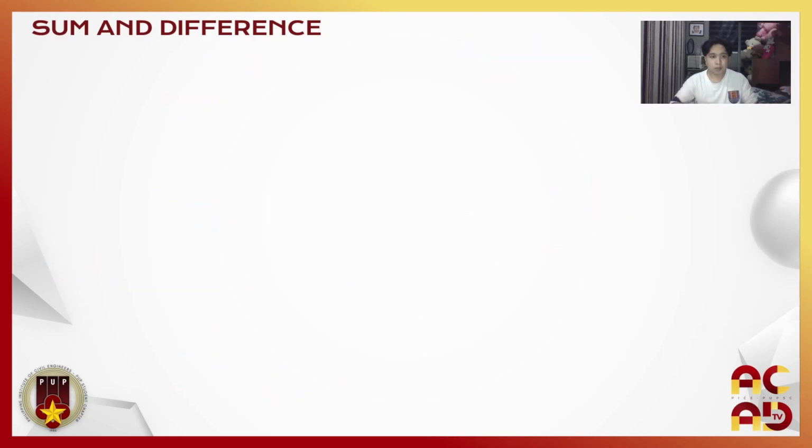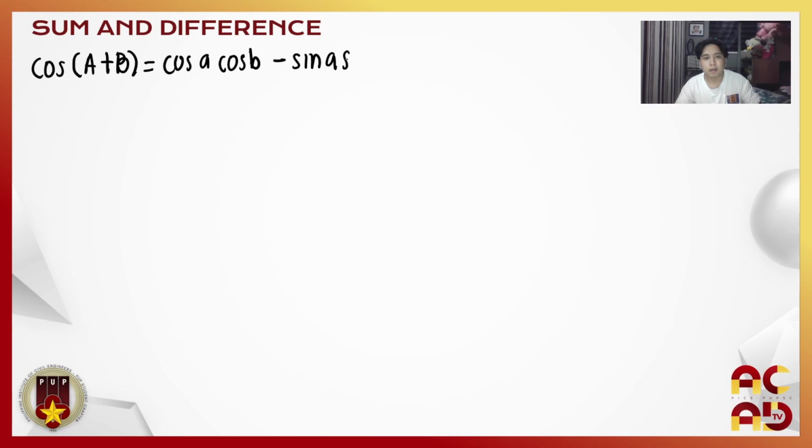Okay. So dito, una, ang hinahanap natin is yung cosine A plus B. Di ba ang formula ng sum natin for cosine is cosine A cosine B minus sin A sin B. Ayan. And then plug in lang natin yung mga nahanap natin, which is yung cosine A natin, di ba, given yung negative 3 over 5.